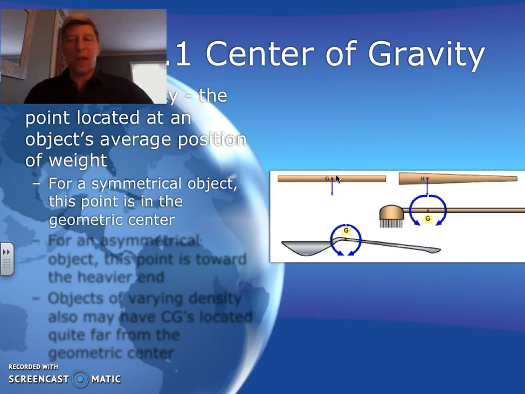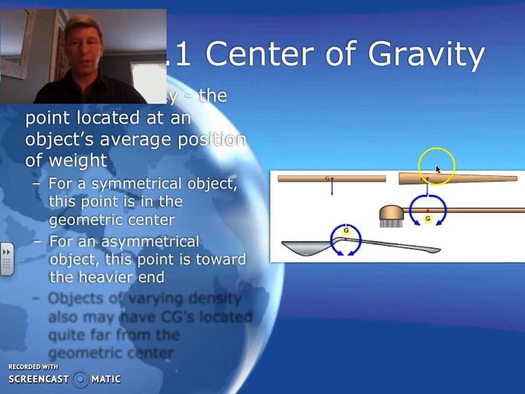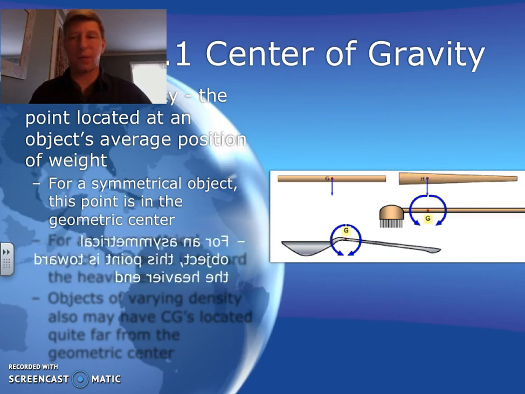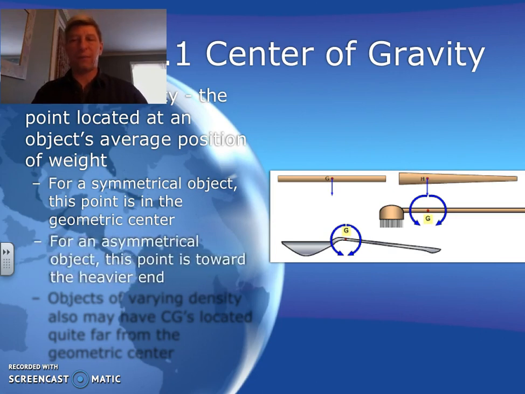Now, for asymmetrical objects, objects that are not evenly shaped, the center of gravity will always be toward the heavier end. Again, in these two objects here, the center of gravity is located toward the heavier end. You can see this in this object, which looks like an axe handle or something along those lines.